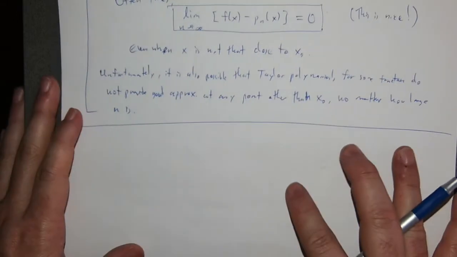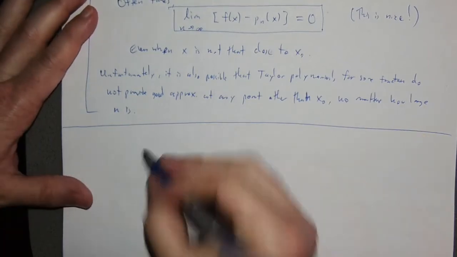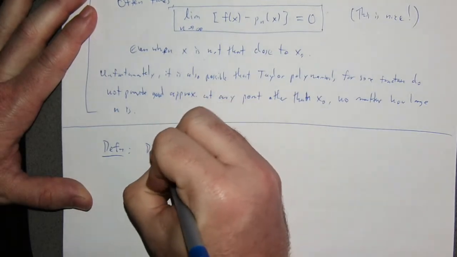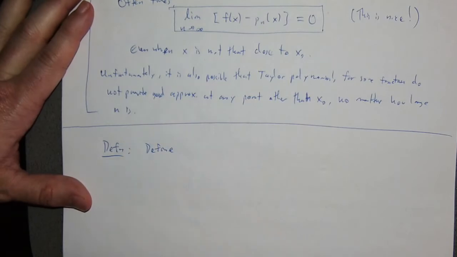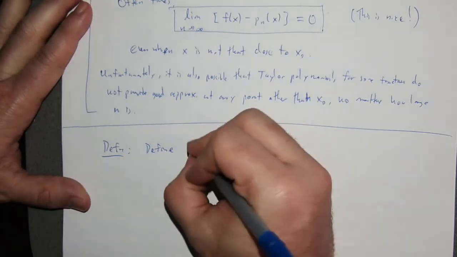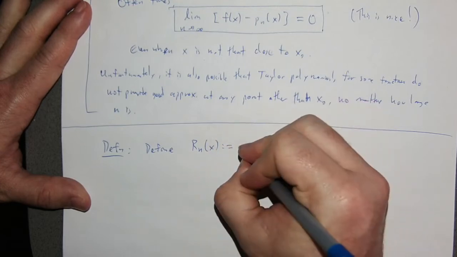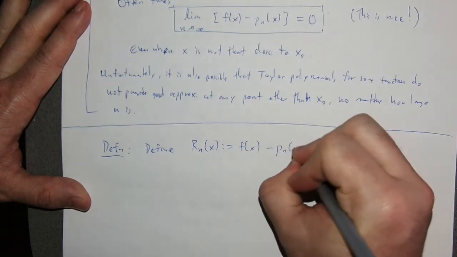So anyway, one more definition that I'm going to start on the next little bit. Define, for a function, say I've already defined the terms using the exact same notation as earlier. I'm not going to rewrite all that. So define r sub n of x to be this difference that I talk about above.